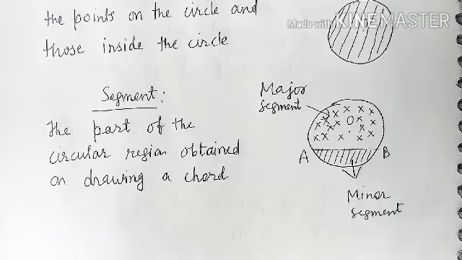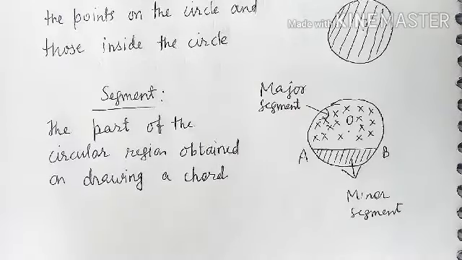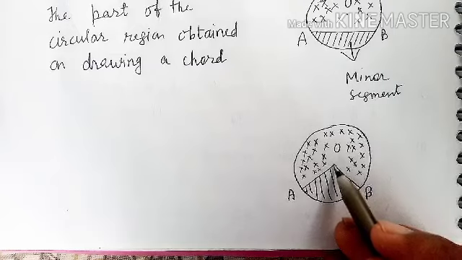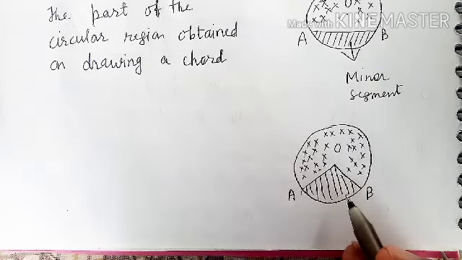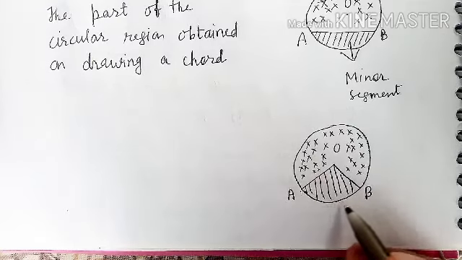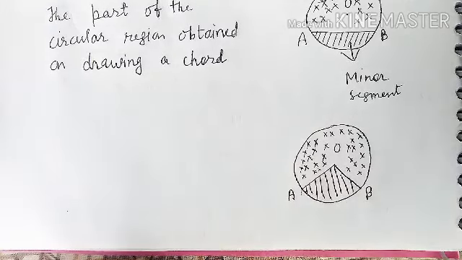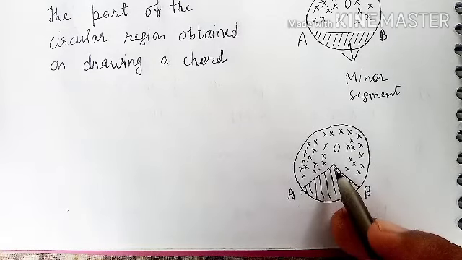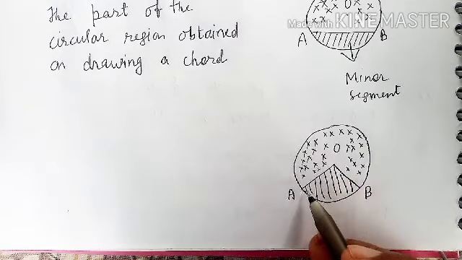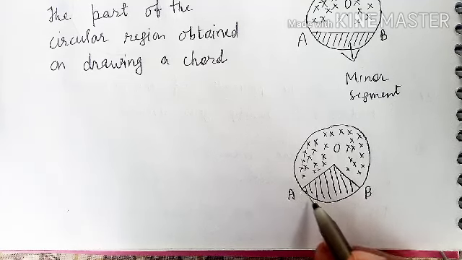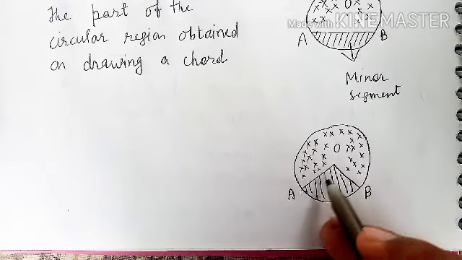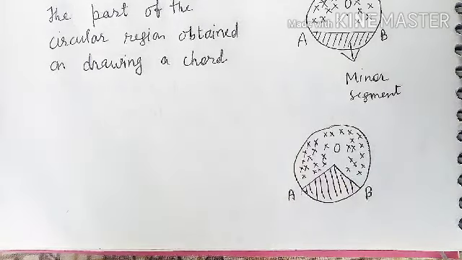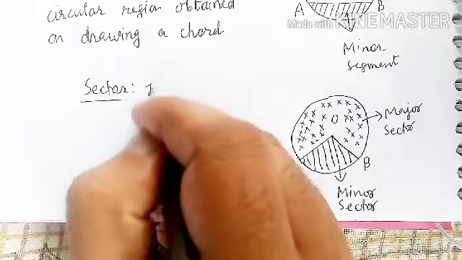Now sector. Here you can see that this part is a sector which is minor sector because it is bounded with minor arc. So we can say that sector is the part of the circular region bounded with an arc and the radii through the end points of the arc.